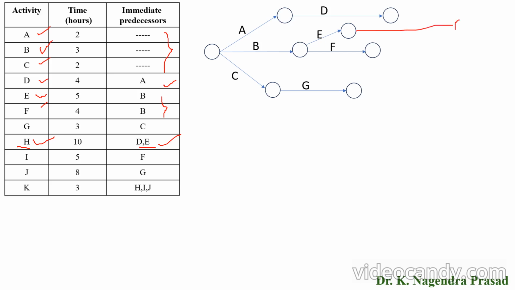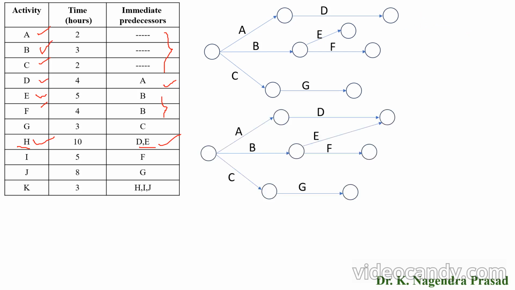It is representing that activity H will start after completion of E only. Then we have to modify the activities D and E like this. Then we have to draw the activity H like this. So it represents that activity H will start after completion of D and E.